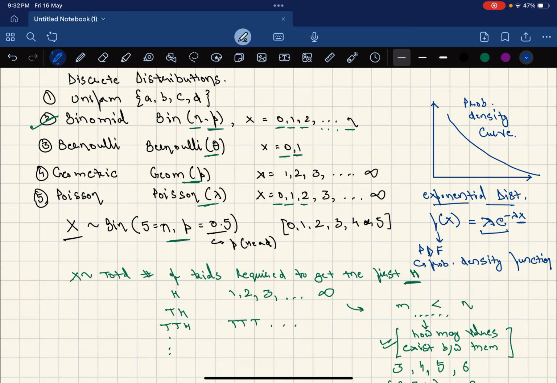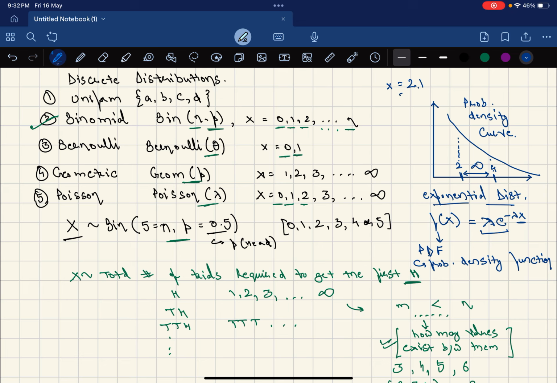Now for this continuous distribution, if you pick any two values of x, let us say we pick 2 and 4, the number of possible values for x between these two values is actually infinite. Why is that? We can have the value of x as 2.1.